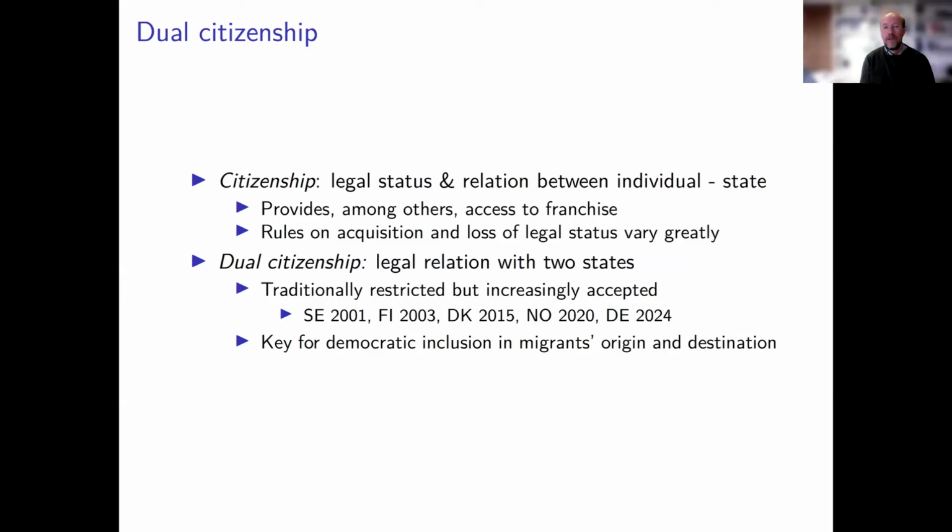At a local level, we see that citizenship and voting rights increasingly become decoupled. As a long-term resident in a country, you might already have access to voting rights at the local level. And in the European Union, any European Union citizen residing in another member state has access to local voting rights.